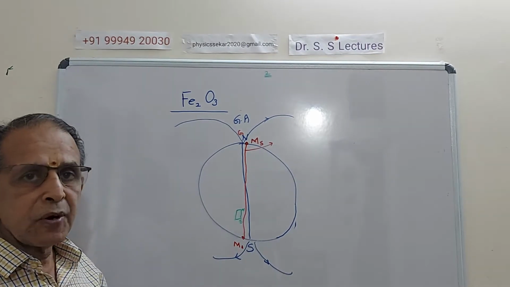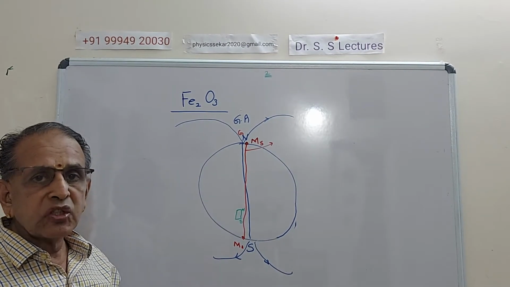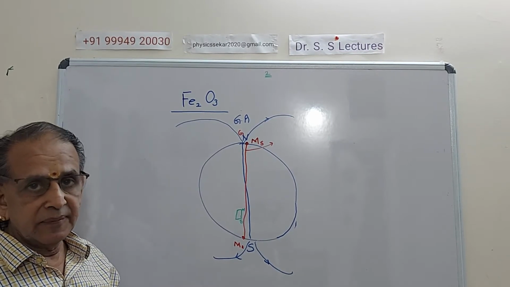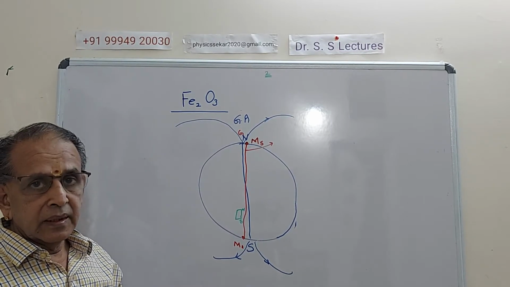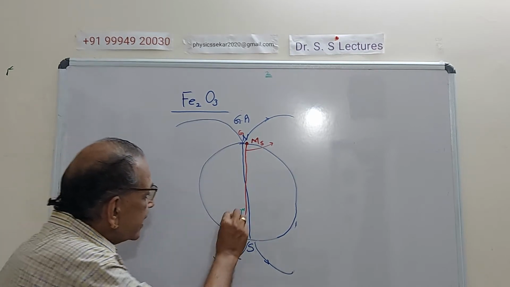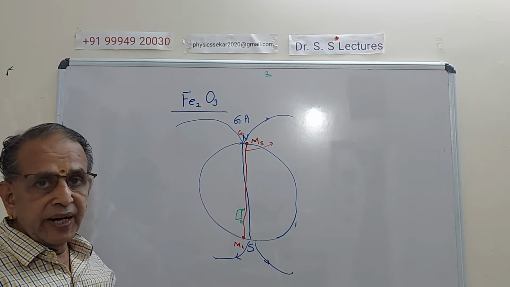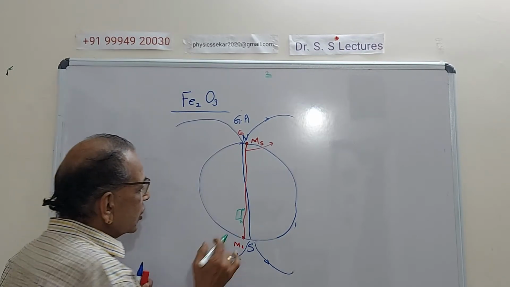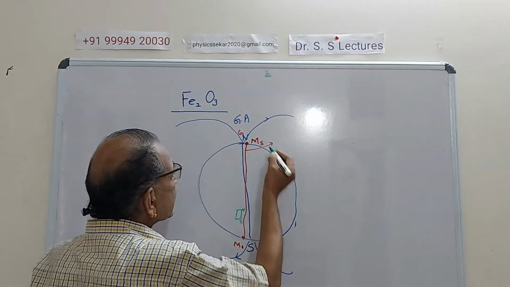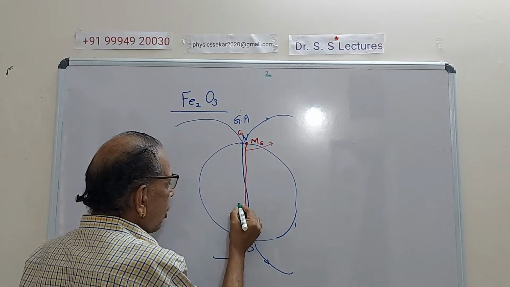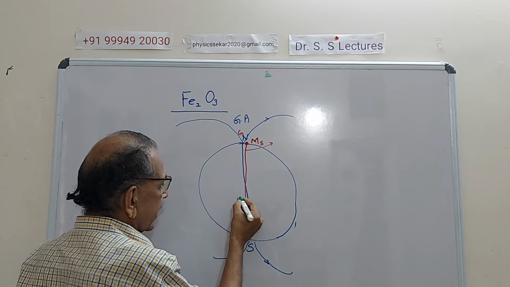By the attraction property, like poles repel each other, unlike poles attract each other. You see, this small tiny magnet which is suspended freely has its north pole attracted by the magnetic south pole of the earth. Therefore, this always indicates the northern direction.